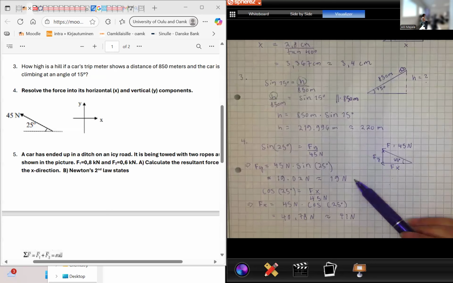This also makes sense. This is of course shorter than this when you have this small angle, yes? Yeah. Yes.